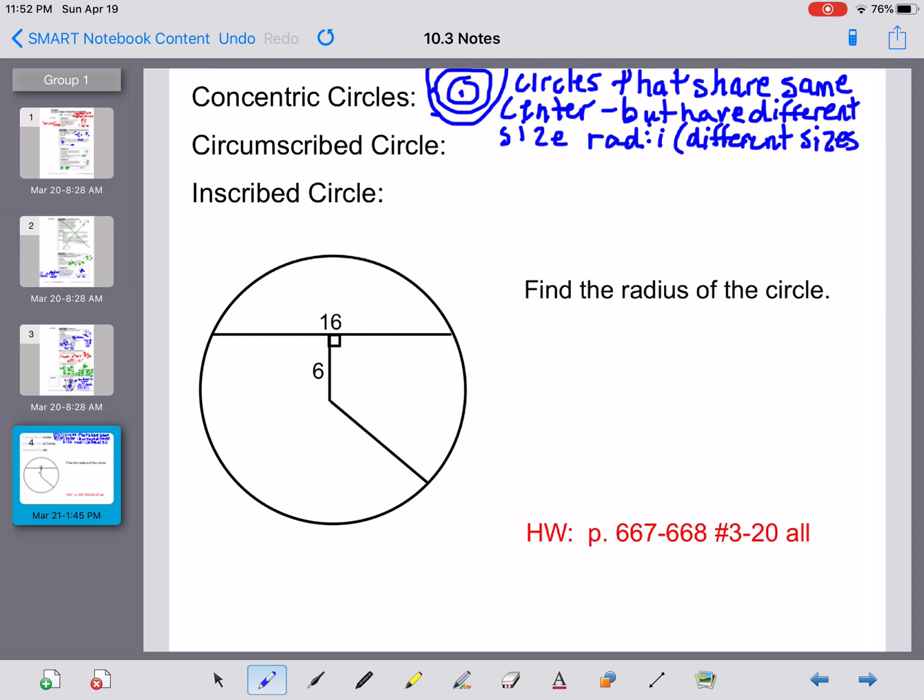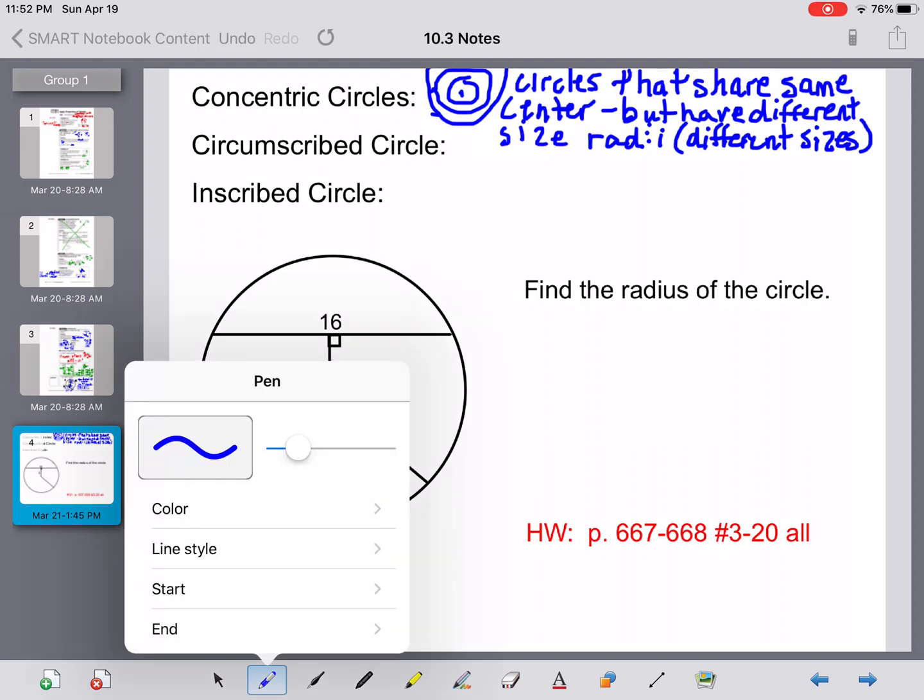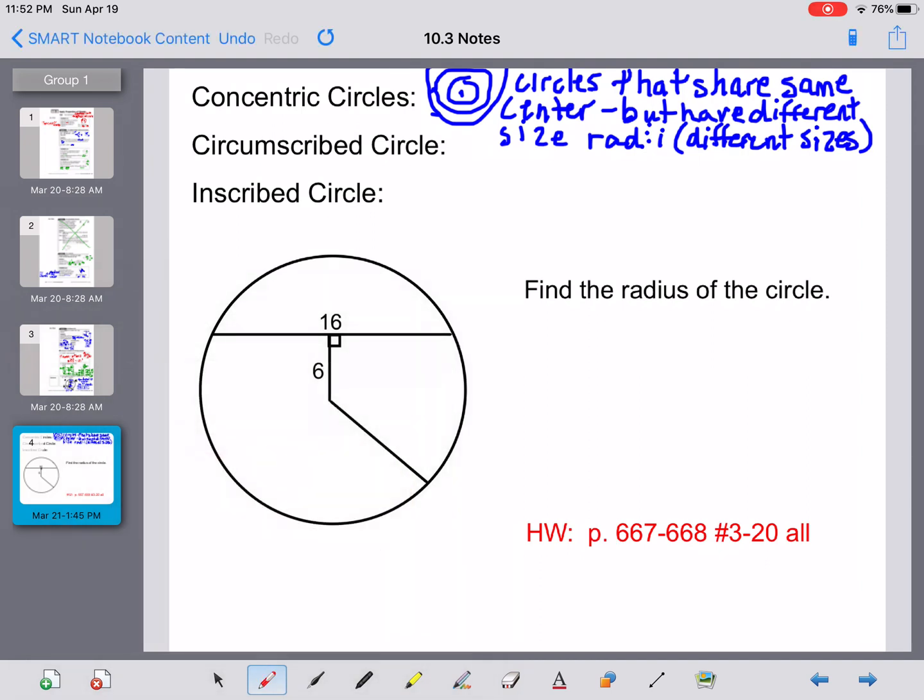Okay, so we have a small circle, medium circle, big circle. We could keep going. We could have 50 circles that are concentric as long as they share the same center and they keep going out from there. Those are concentric circles. All right. This is why I should probably type these all up instead of trying to write these.